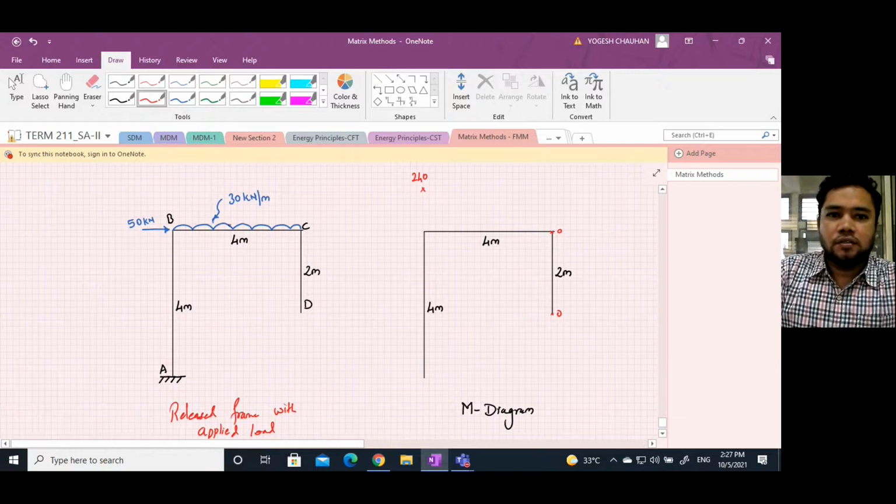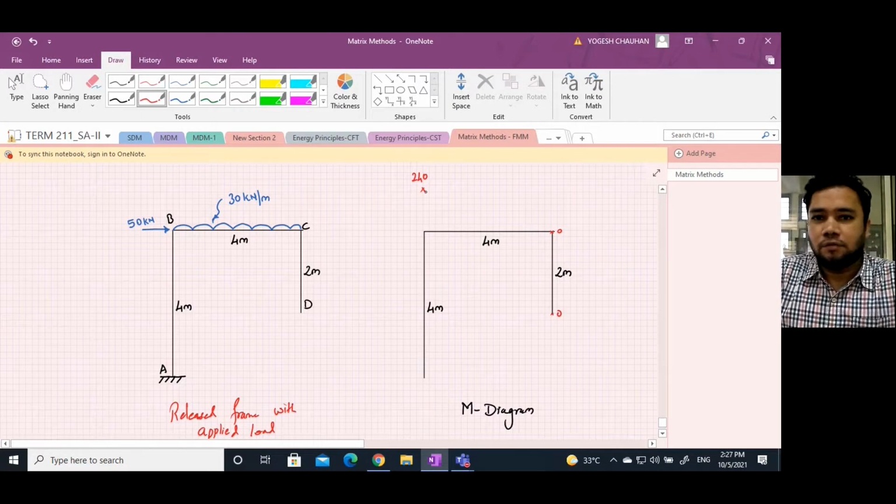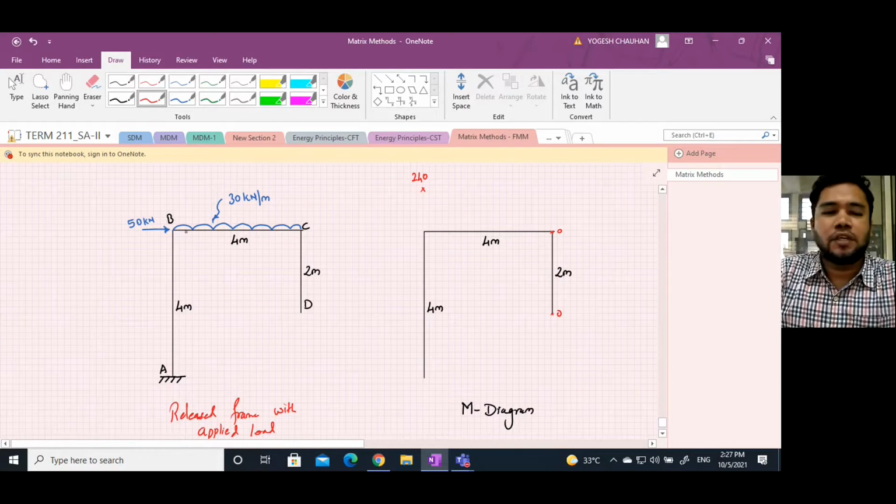The bending moment at C is 0 and bending moment at B is 240. Similarly, the shear force at C will be 0 and shear force at B will be 30 into 4.